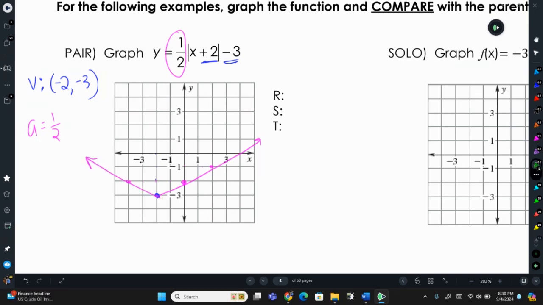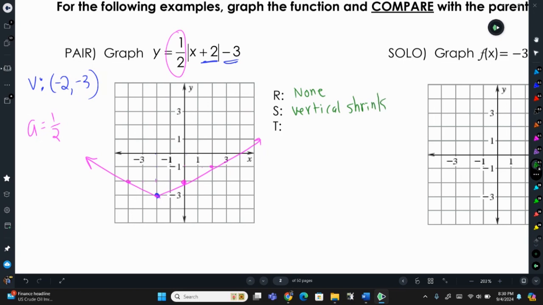Okay. Now, is there a reflection? No, there's no negative in front, so there is no reflection. Shrink or stretch. 1/2 is smaller than 1, so there is a vertical shrink. Translation.